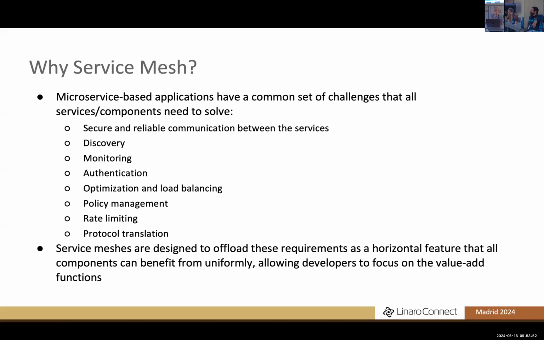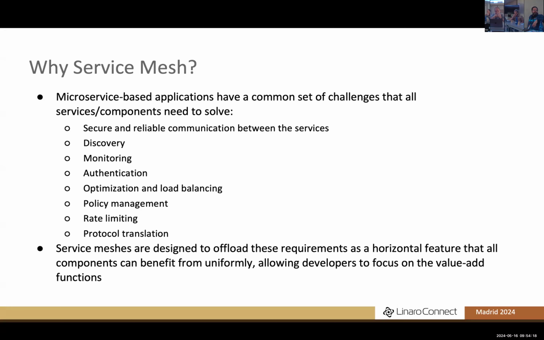So why do people use service meshes in the cloud native world? Cloud native applications are built out of microservices, small pieces that are talking to each other. And when you have a lot of distributed components talking to each other, there are a common set of challenges that apply horizontally across all components.